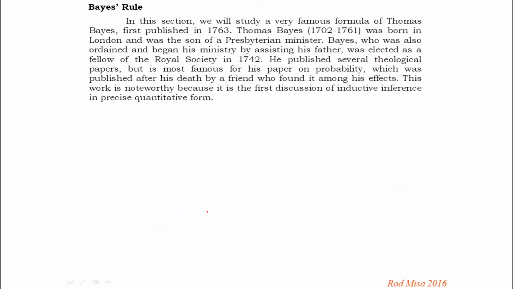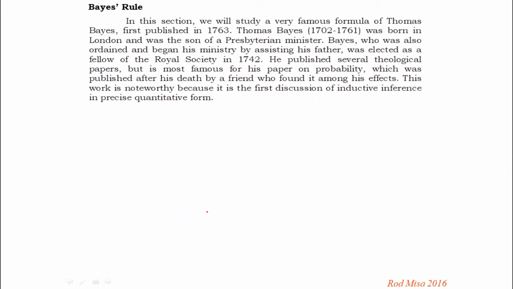So in this section, we will study a very famous formula of Thomas Bayes. Thomas Bayes was born in London and was the son of a Presbyterian minister. Bayes, who was also ordained and began his ministry by assisting his father, was elected as a Fellow of the Royal Society of London in 1742.